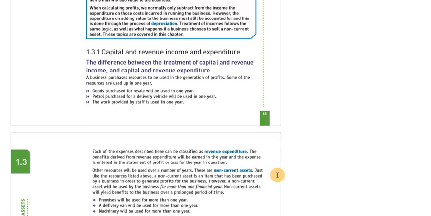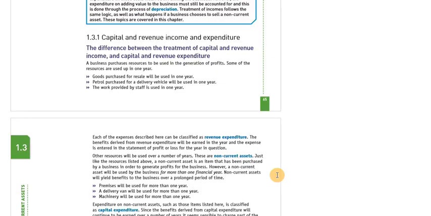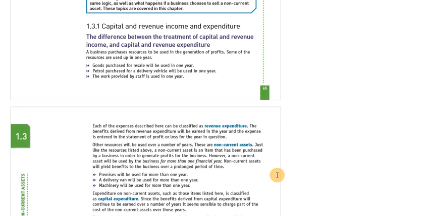First of all, before accounting for non-current assets, we have to know the difference between capital expenditure and revenue expenditure, capital and revenue income and expenditure.